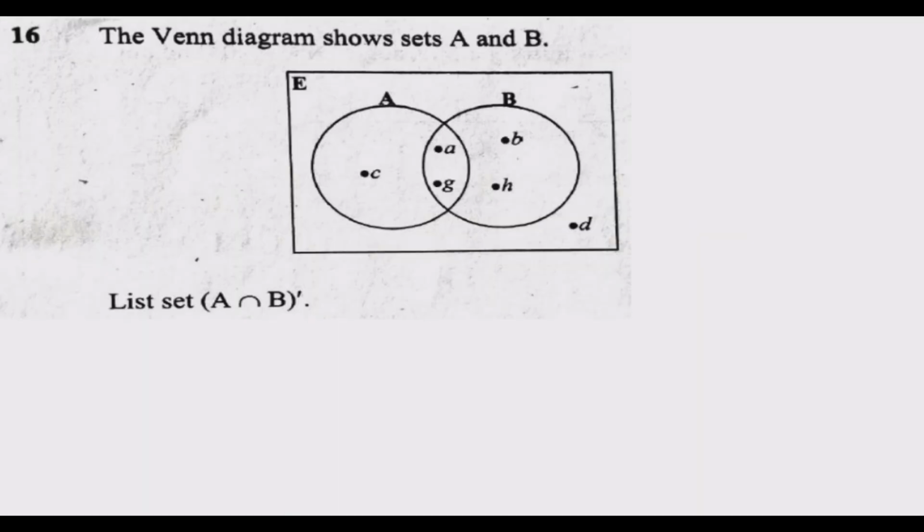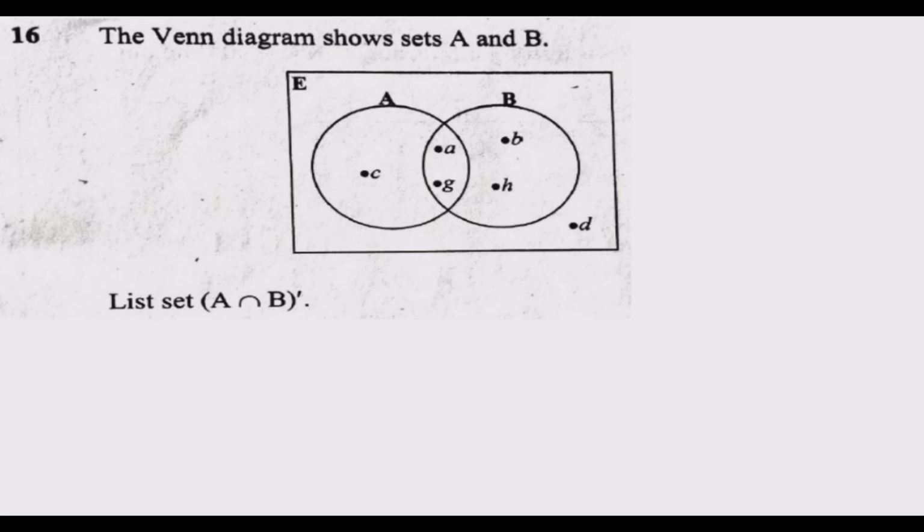We come to question 16. The Venn diagram shows sets A and B. Let us study the diagram.